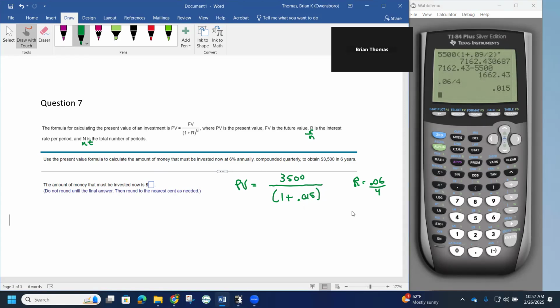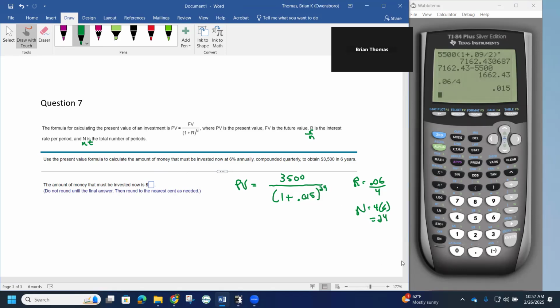And then this is raised to n, but n is the number of times compounded altogether. That's going to be n times t. We're doing it 4 times a year, quarterly, and we're doing it for 6 years. 4 times 6 would be 24. So this is going to be raised to the power of 24.